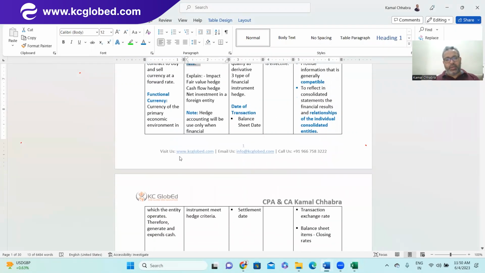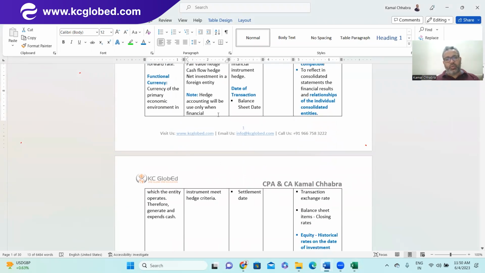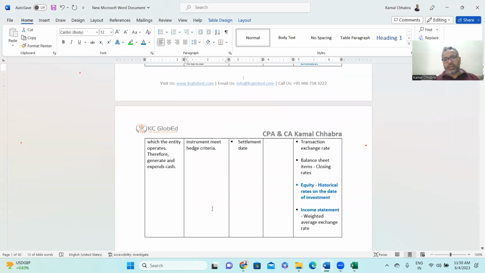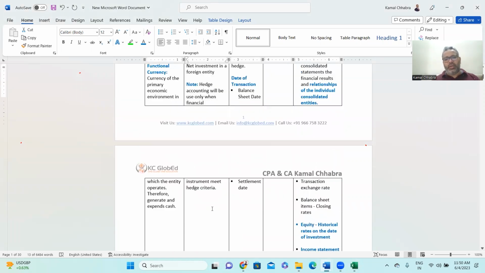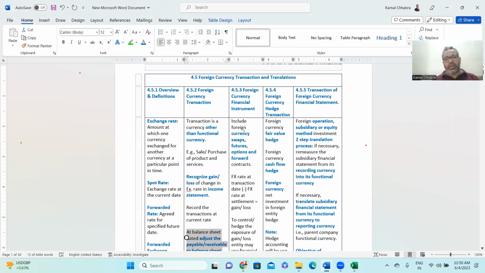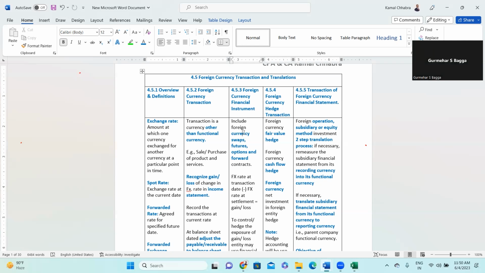Then hedge accounting will be used only when the financial instrument meets the hedge criteria, which we studied in the last class, like appropriate documentation should be there, and so on. If all those criteria are met, then only you can do hedge accounting. So any doubt on the second point, foreign currency transaction? So far so good? Yes, sir. Okay.